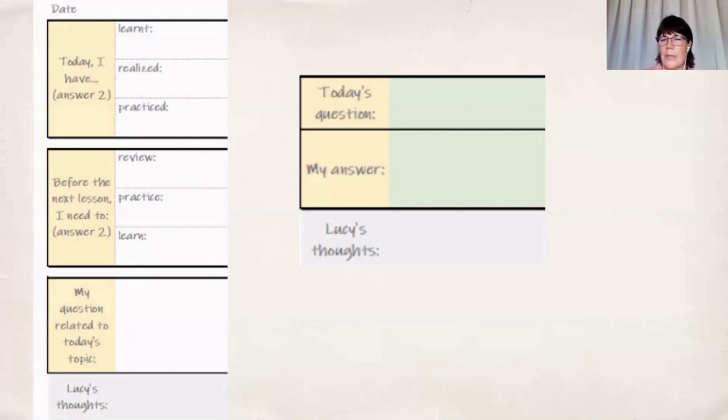So they write down the sentences, and that's a very quick feedback for me whether they got the point of the presentation or not. So here they write the question, and here they answer.